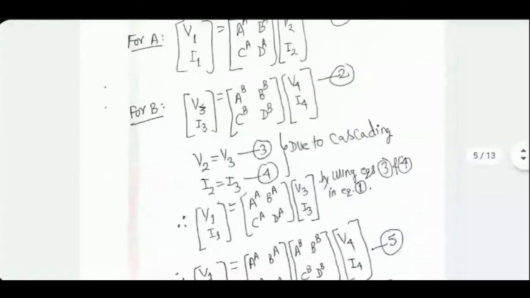Essentially, what is happening is the column matrix on the right hand side of equation 1 is equal to the column matrix on the left hand side of equation 2 because of cascading. So I can simply take the right hand side of equation 2 and put it in equation 1 by removing V2, I2. So V1, I1 in terms of V4, I4 turns out to be given by equation 5.